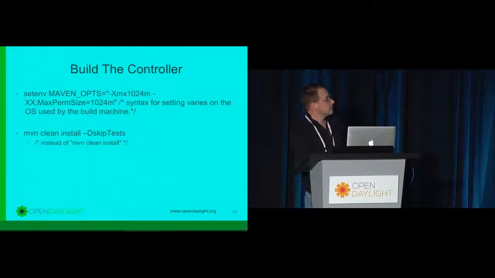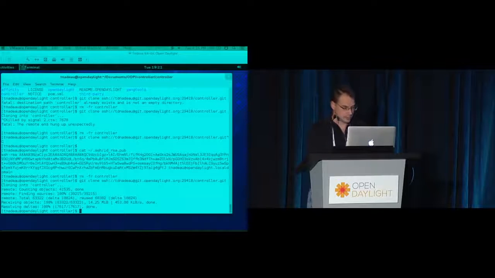So you want to do a setenv MAVEN_OPTS, which gives it 1 meg, and you actually have to change the max perm size to 1 meg. I think the wiki still says 512, but you actually need about 800 now to build it, and it'll blow up unexpectedly otherwise. So go ahead and set that. This is all on one line, by the way, and that's a dash. I can show you here.